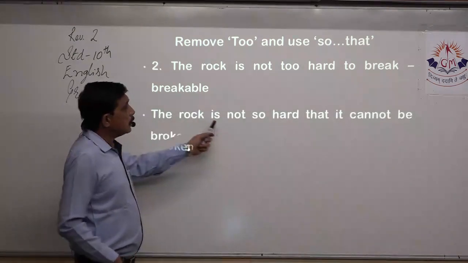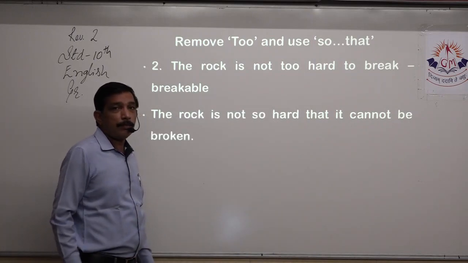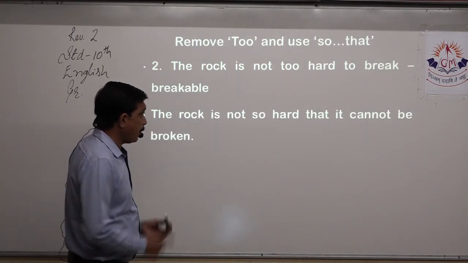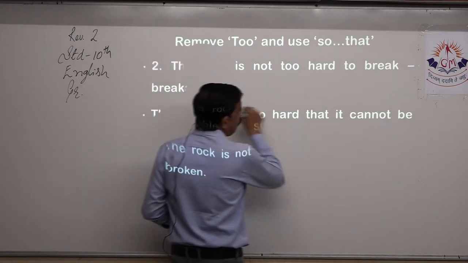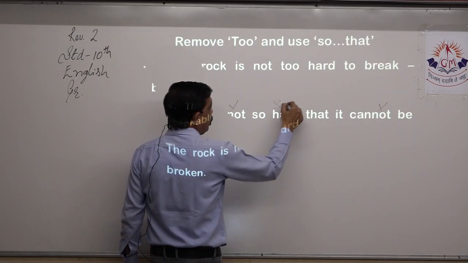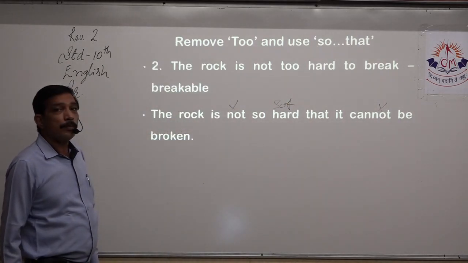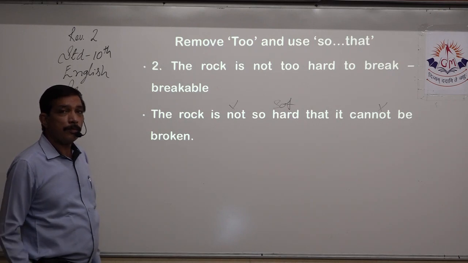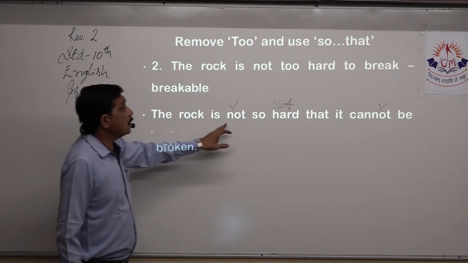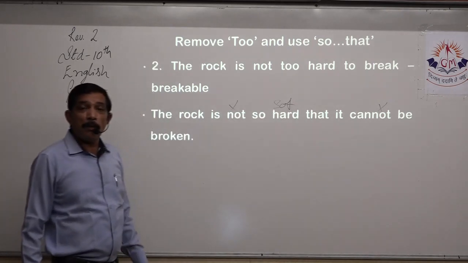The rock is not so hard that it cannot be broken. Yes? I remove negation, then I'll have to make it soft. Get my point? The rock is not so hard that it can be broken.